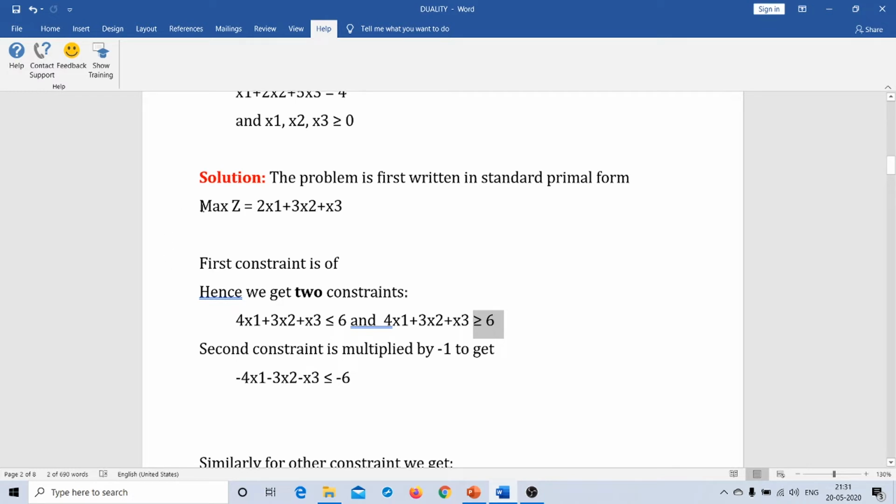Now since the objective function is of maximization, I will convert the greater than or equal to constraint into less than or equal to by multiplying with minus 1. This we do because the objective function is of maximization type, and the first step in duality is we should get the original primal form, right?